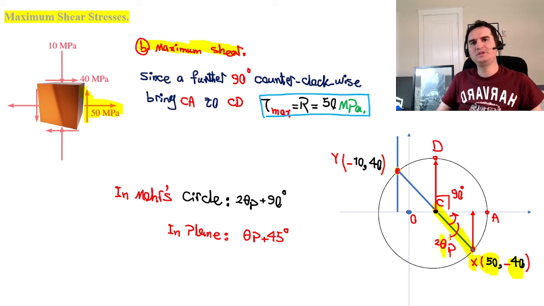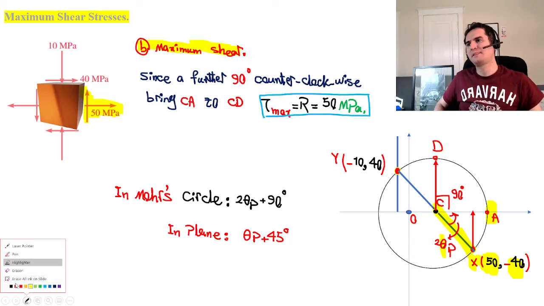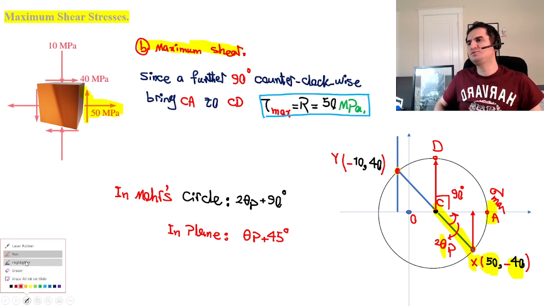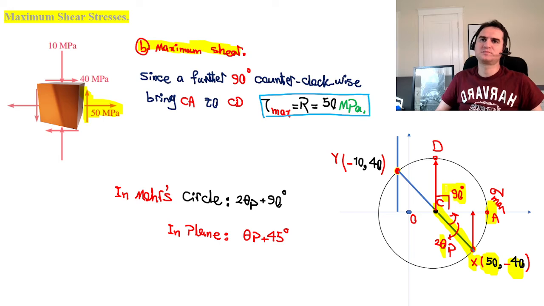And by 2 theta p, it gives you point A, which is sigma maximum, and the plane for that is the plane of sigma maximum. And by a rotation of another 90 degrees, it gives you the maximum shear.